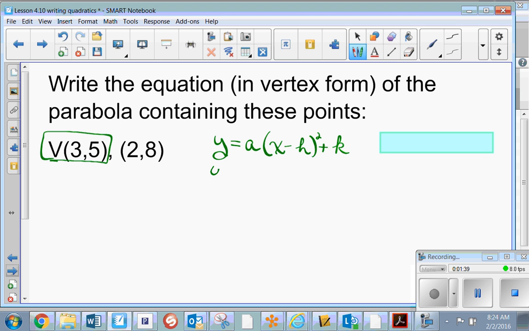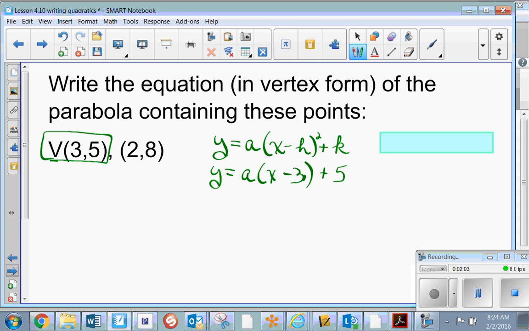So just from what I'm given, I've got y equals a(x plus 3) and then plus 5. Nope, this would be minus 3, because I want it to be the opposite of this.